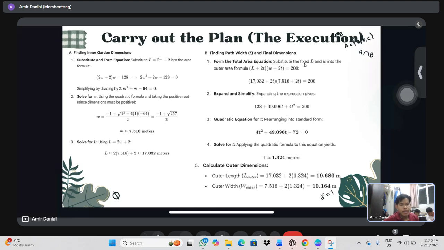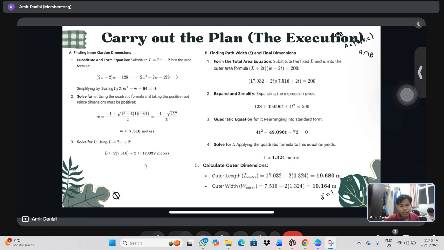Substitute the fixed L and W into the outer area formula, which is L plus 2T multiply with W plus 2T, equal to 200.